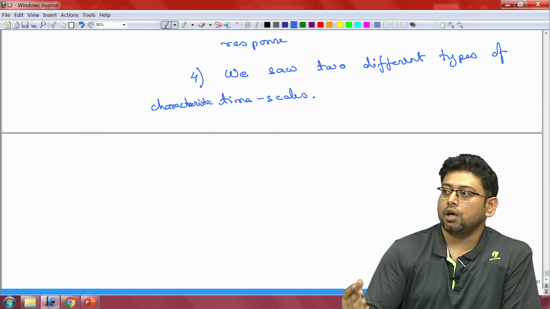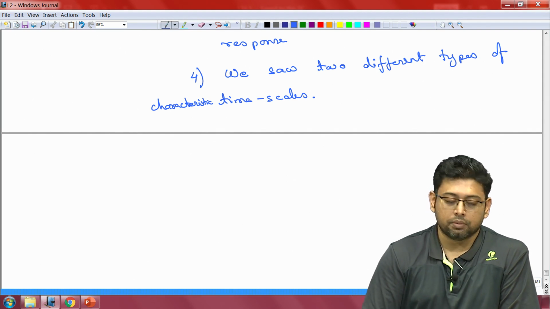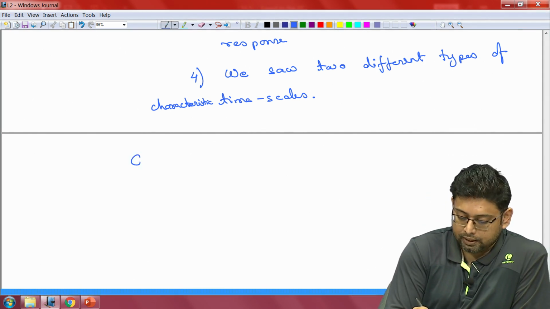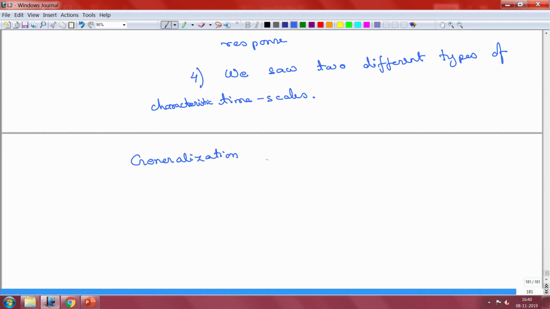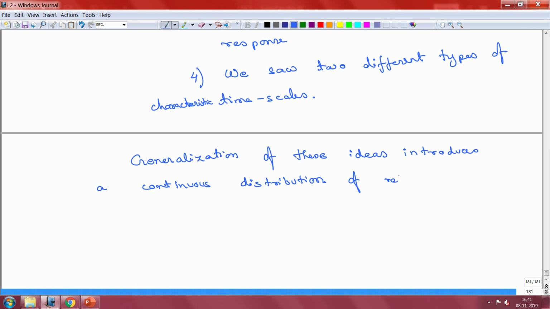So, the time scales themselves go from a discrete variable to a continuous variable. So, the generalization of these ideas introduces a continuous distribution of relaxation times.